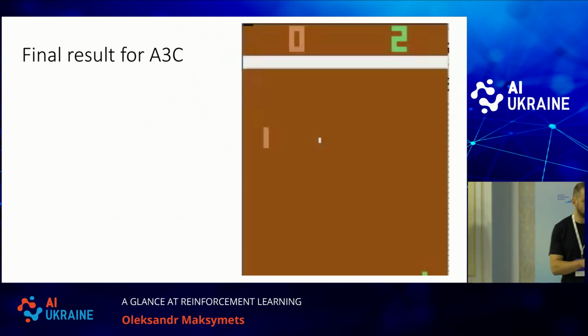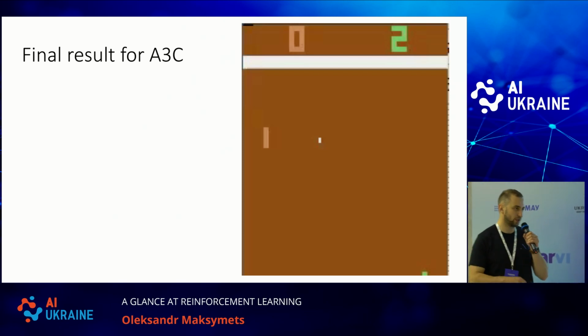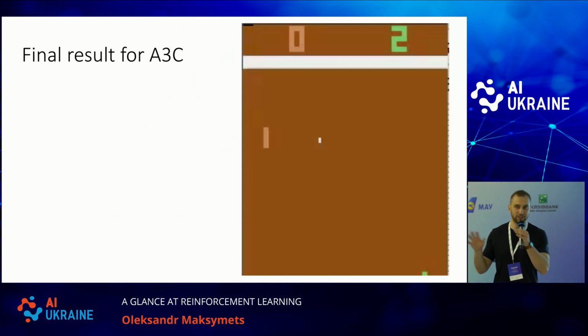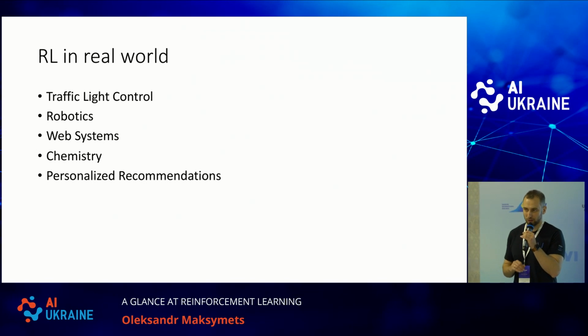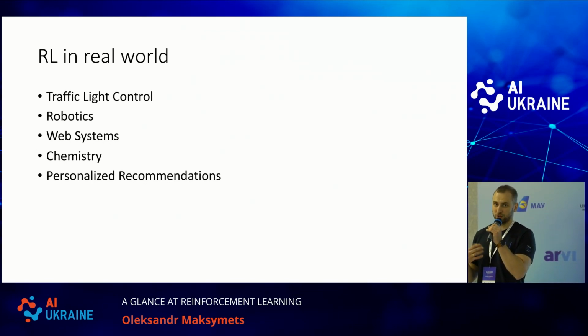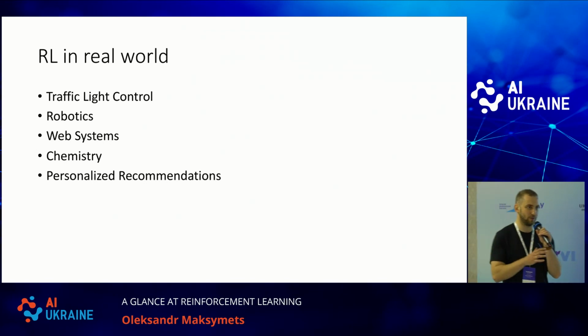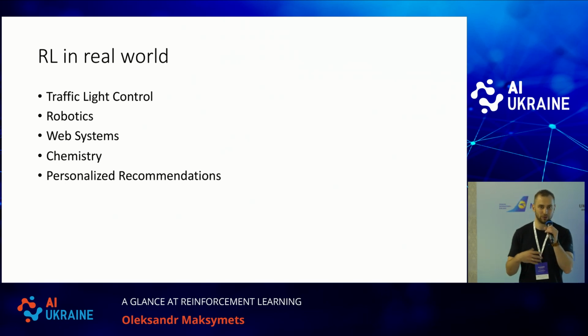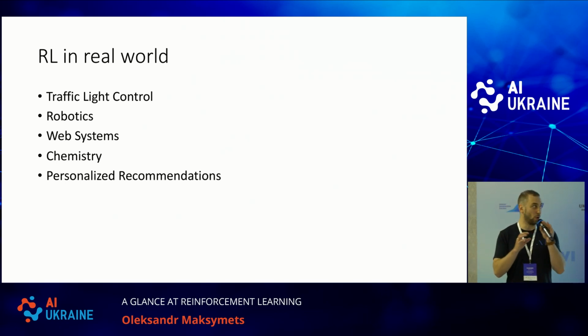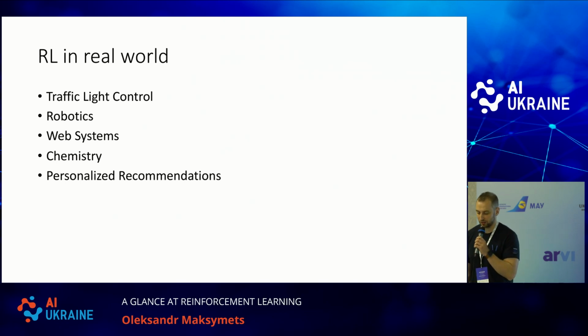Let's talk a little bit about RL in the real world, because it has had a lot of critics, like, hey, it's not so good and not so controlled as supervised learning, so something can go wrong with reinforcement learning and you don't have control over it, but it still made reasonable breakthroughs in a number of different directions.